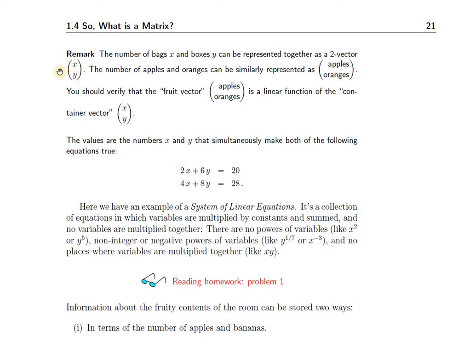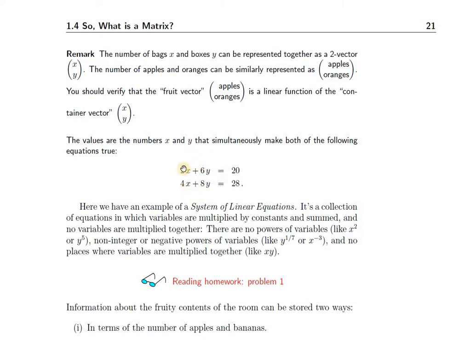Take a scalar multiple of this and show that the number of fruits is a linear function. So if I multiply the number of bags and number of boxes by 2, then the amount of fruit is going to be multiplied by 2. That's kind of reasonable. Also, if I have one set of bags and boxes and another set of bags and boxes, and I put them together into a big set of bags and boxes, then the amount of fruit is going to be the total of those two. So that's expressing the additive property. So that's what we have over here.